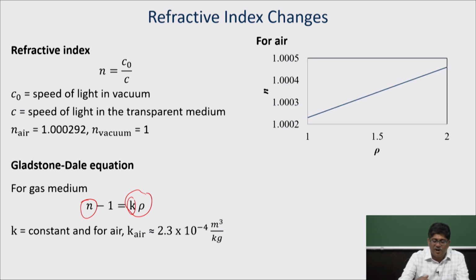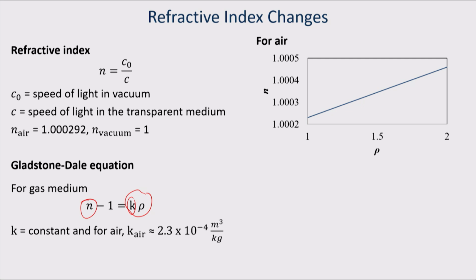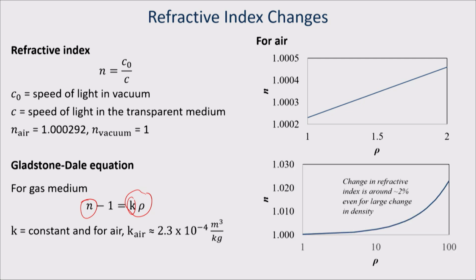So if you draw density versus n value, you can see that if the density changes twice, the refractive index change is really small. Again, if you plot it on a logarithmic scale, you get a much larger change.